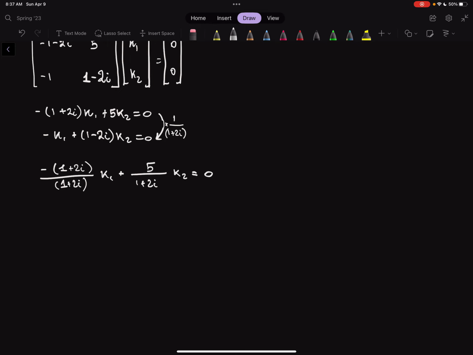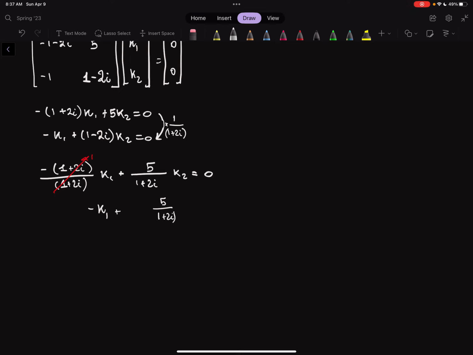I just multiplied the top equation by 1 over 1 plus 2i. So here I get a 1, and so here I get negative k1 plus 5, and I'll leave some space here. You'll see why in a second.